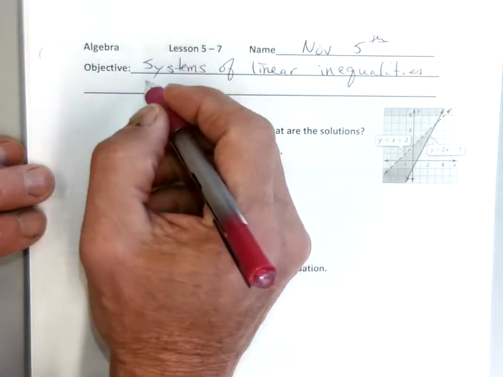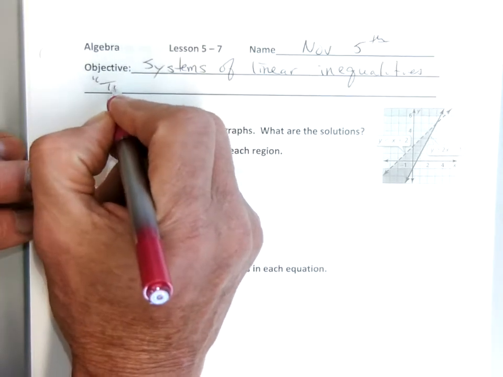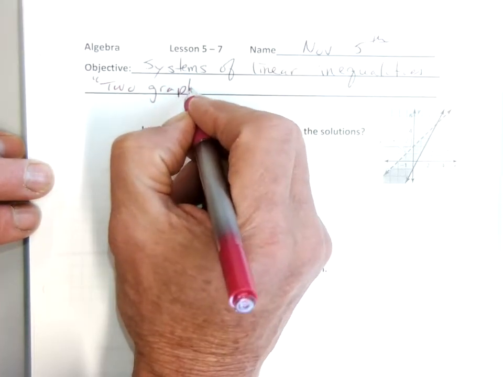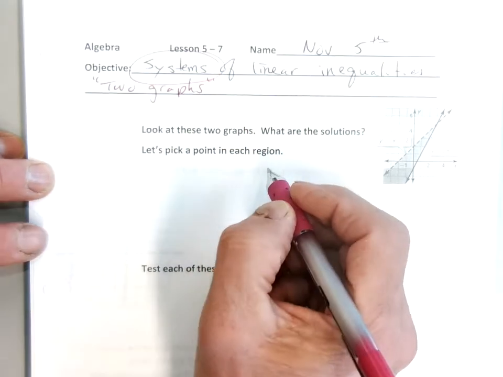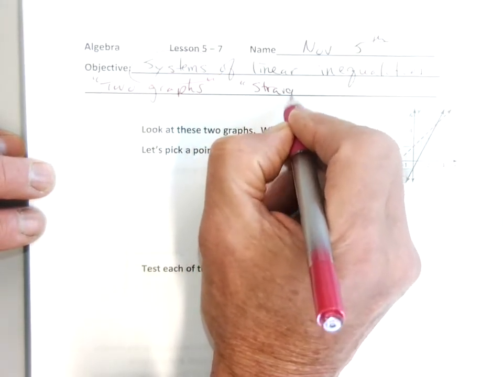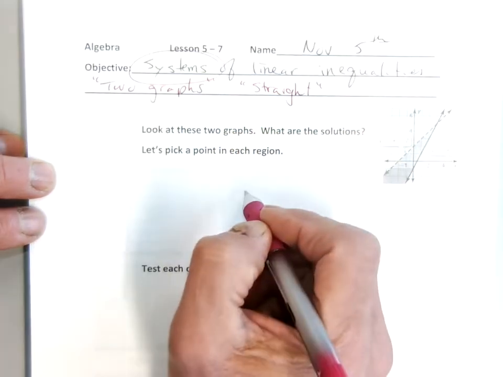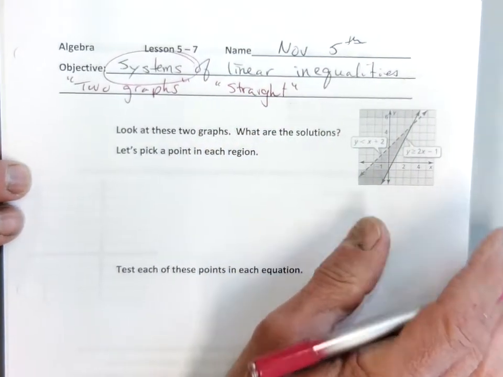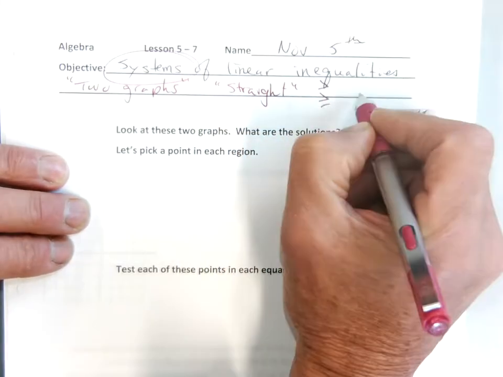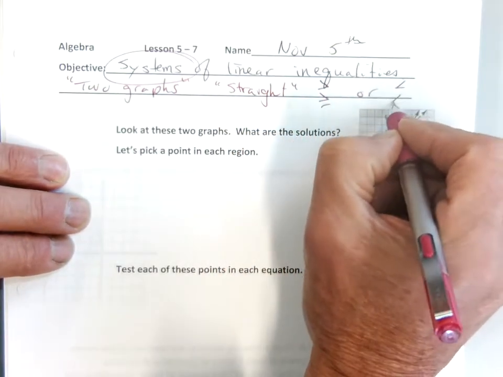We're not going to do more than two. Linear means the lines are straight. And inequalities means it's going to have the greater than or equal to, or the less than or less than or equal to.